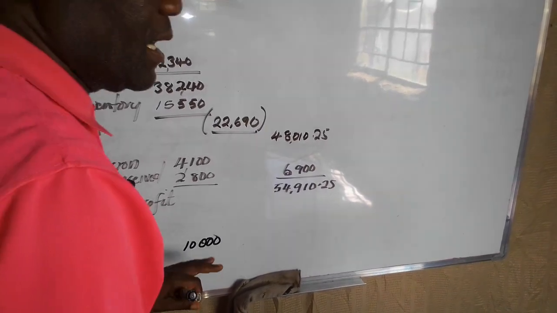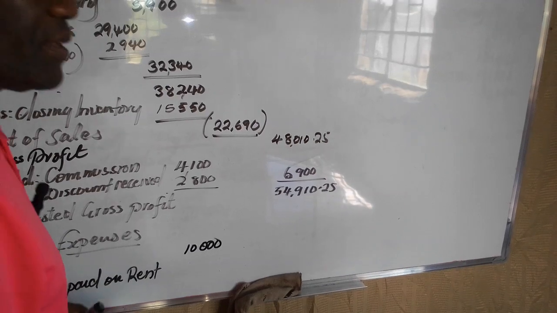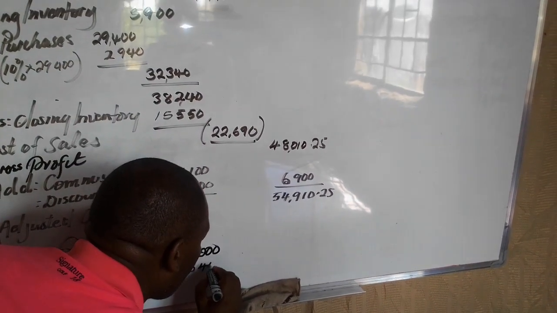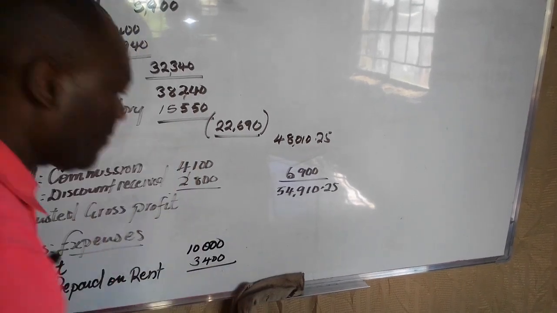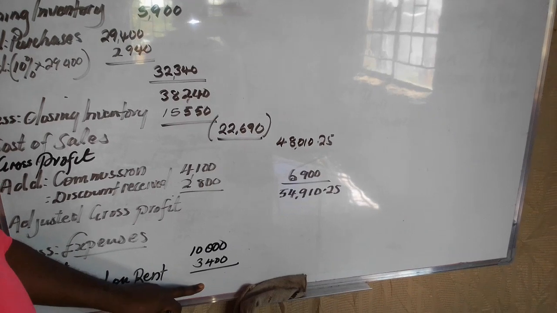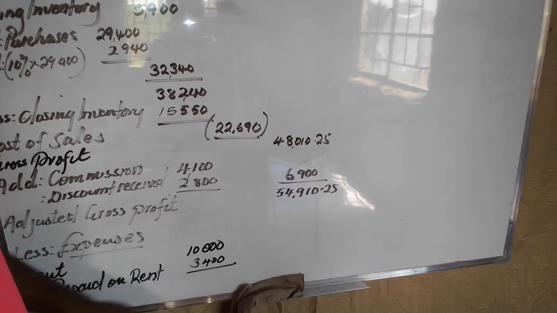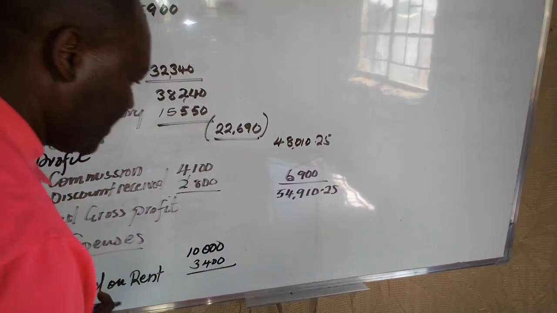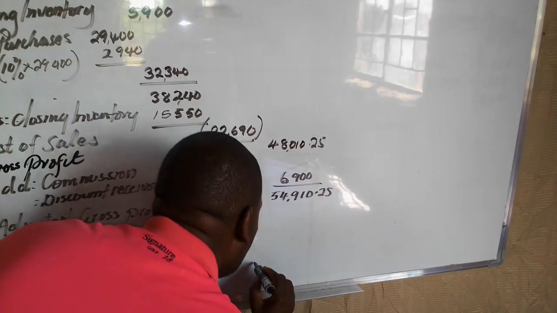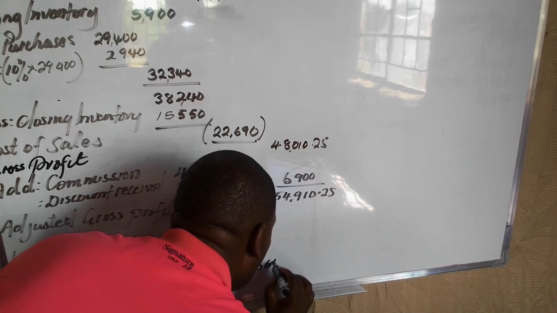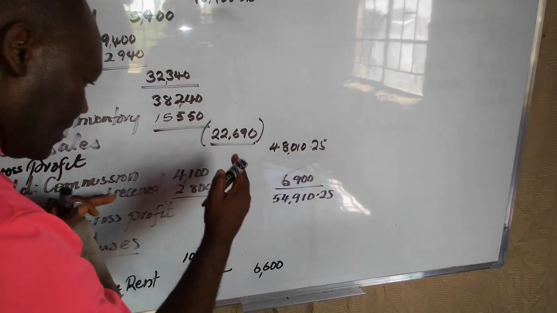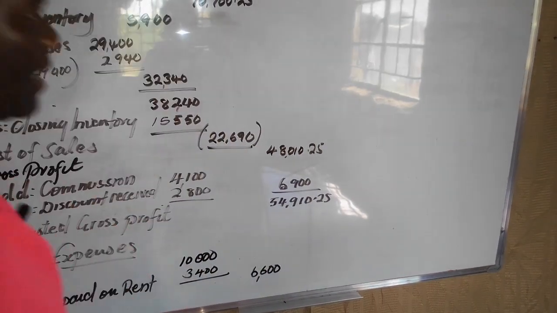He had paid in advance 3,400. When we subtract 3,400, the answer we get is 6,600. It doesn't come directly here because all the expenses must come this way.